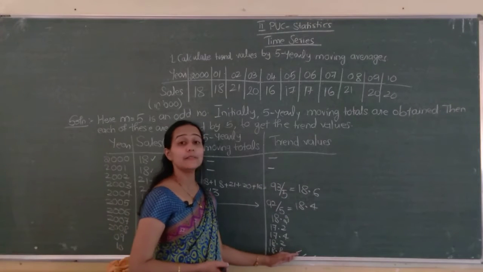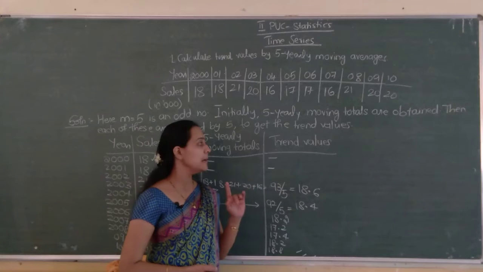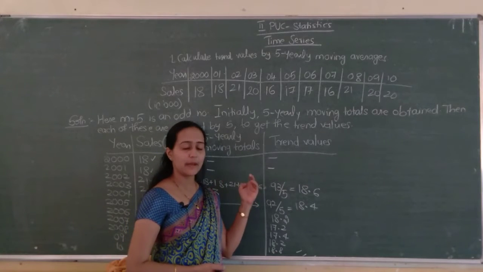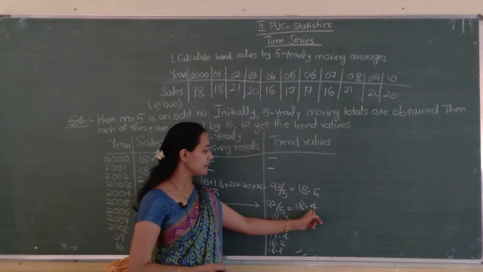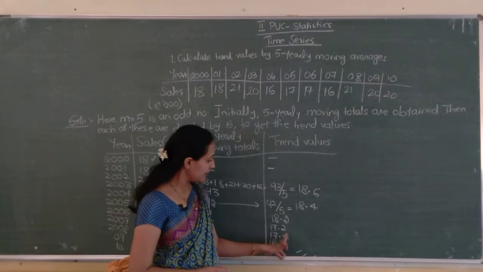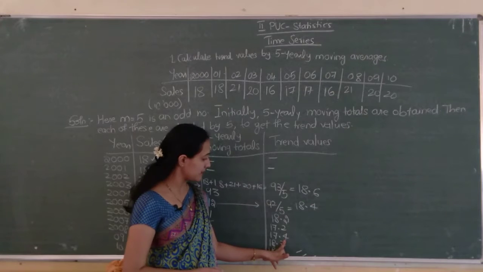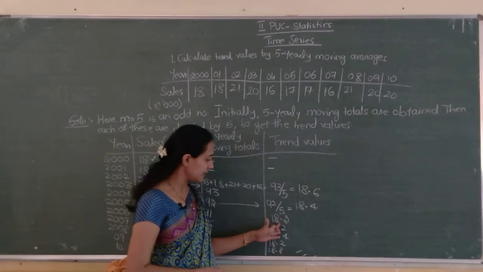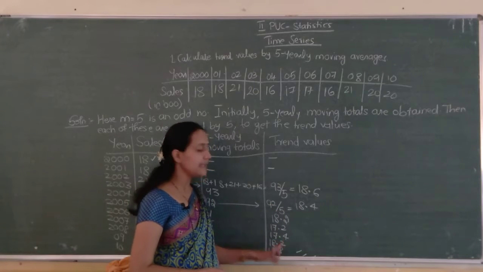Just see the trend values. In the last class we didn't write the conclusion, I forgot, but you just see the observations that time and you have to write the conclusion. See here 18.6, 18.4, 18.2, it goes on decreasing, up to 17.4 decreasing, again increasing. So it decreased one time, again increased.